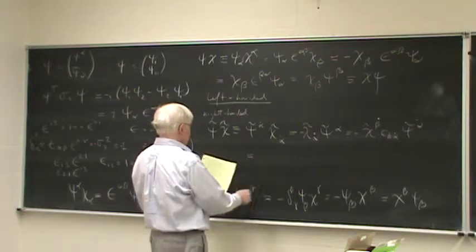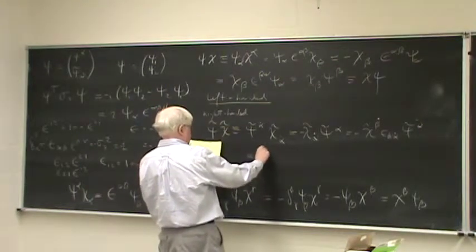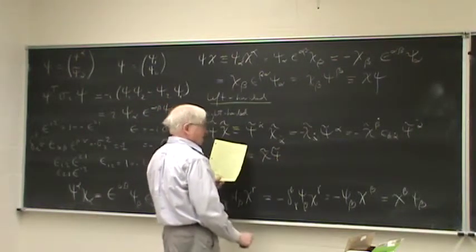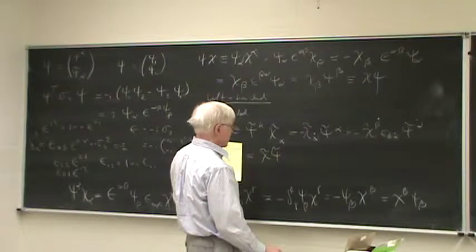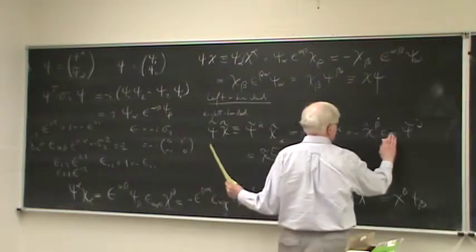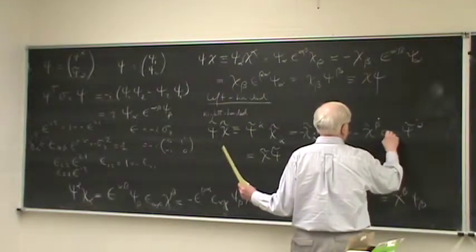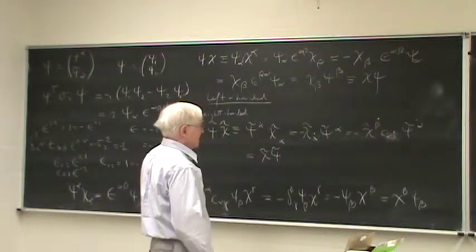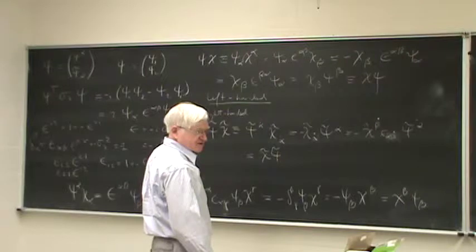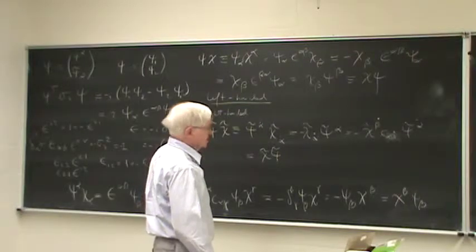The bottom line is that this is the same thing as chi tilde psi tilde, but all right, this is actually alpha dot, it's actually alpha dot beta dot, so okay, it should look like that.